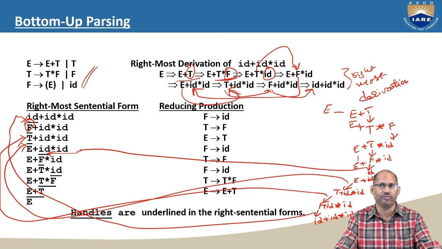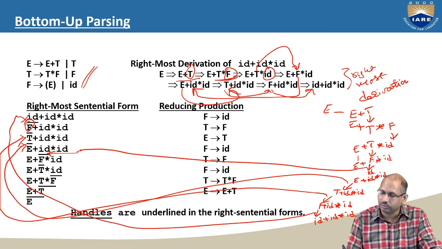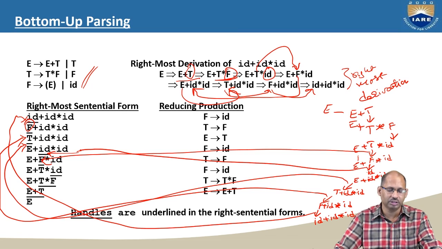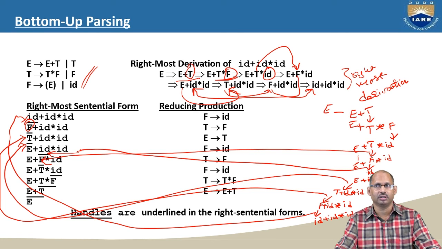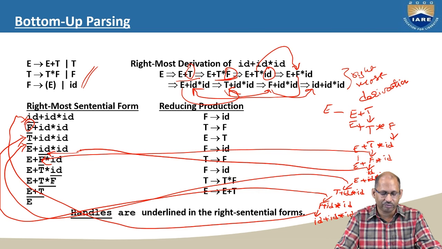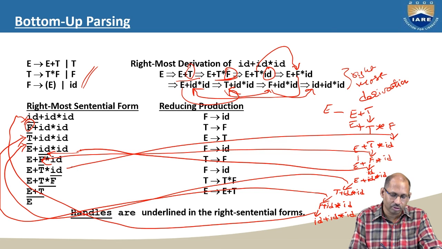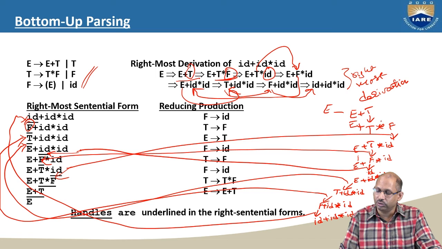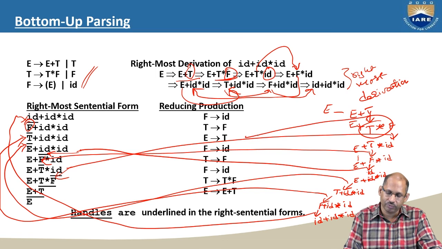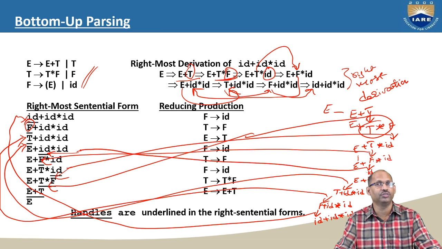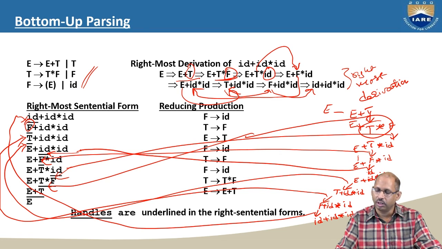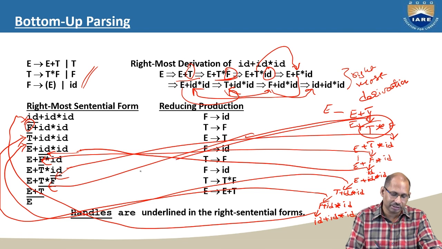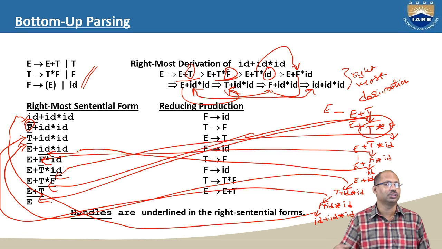Then T gives F. Now F gives T. Then F gives id, id gives F. T gives T into F. This step, T into F gives T. E plus T gives E.